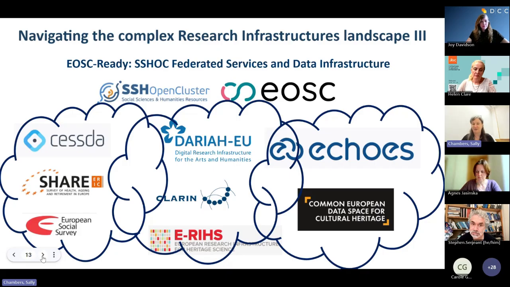I'll come back to a different diagram about that from the UK perspective. And also the cultural heritage node. There are developments in terms of the data space for cultural heritage and the collaborative cloud. So we can see a number of nodes under the banner of social sciences and humanities.